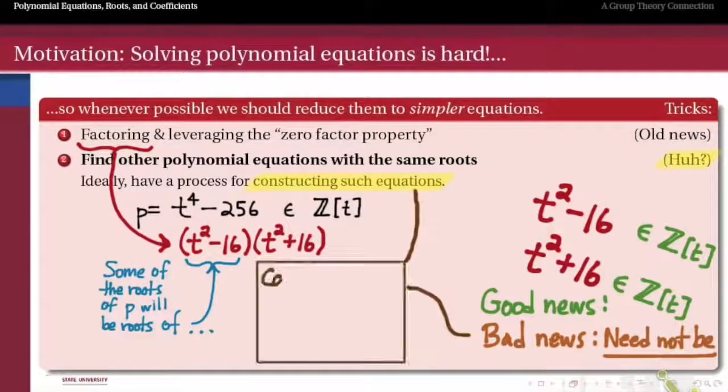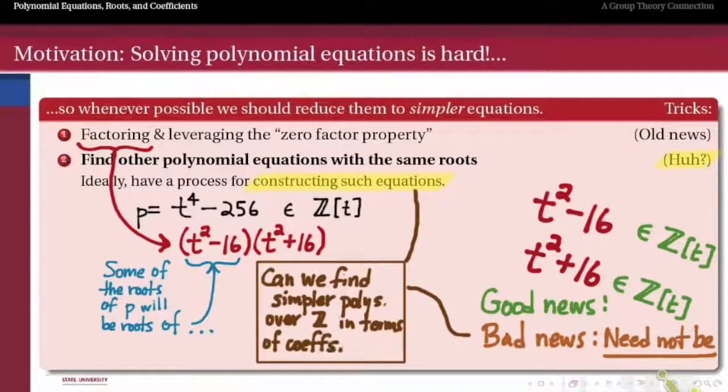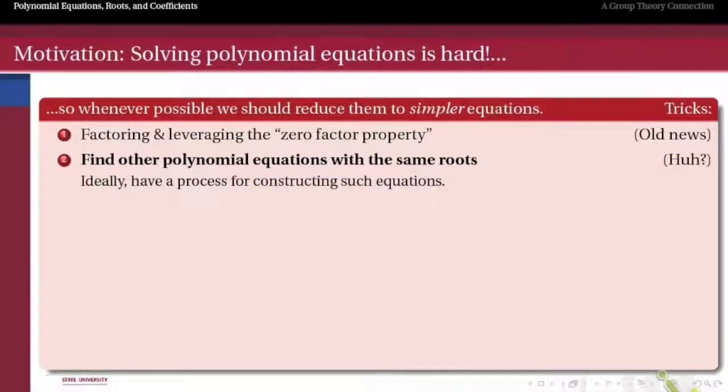So is there a way to construct maybe a different set of equations with just some knowledge of the coefficients of our polynomial? Can we find simpler polynomials with integer coefficients that also have the same roots, the same solutions as the polynomial p, and hopefully be able to use the coefficients of p to find such equations? So here are some examples.